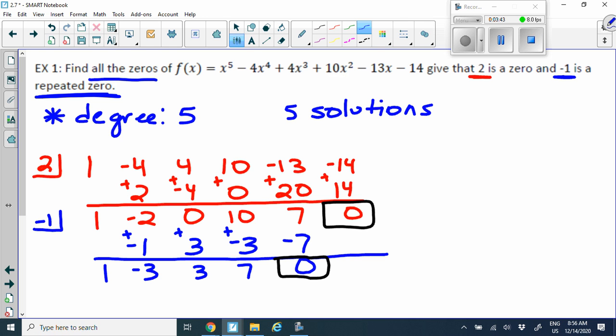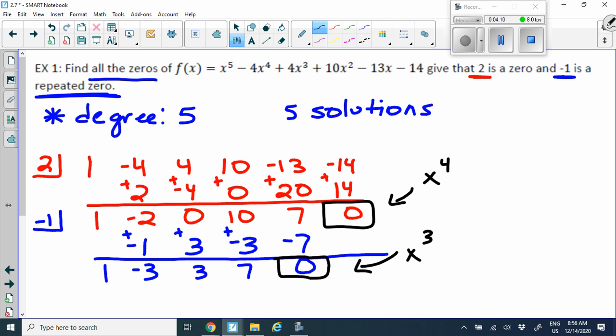Well, how do we know when to stop using synthetic division? Notice that when we did our first, this would have given us 2x to the 4th. When we did it the second time, once again going down 1 degree, it would give us x to the 3rd. What we want to do is use synthetic division until we get to x squared, a degree of 2, because once we get to x squared, we have numerous ways of factoring.